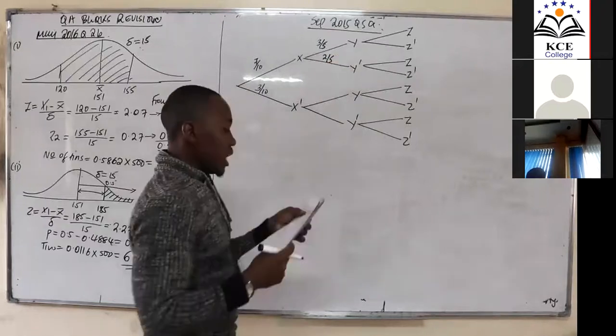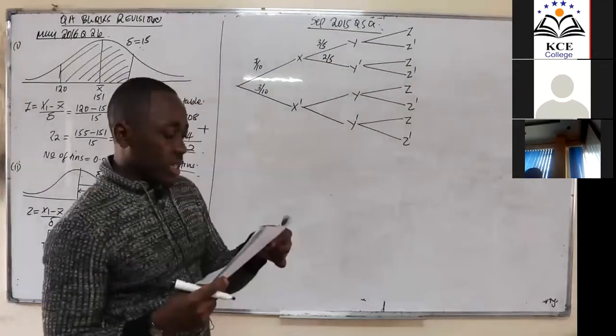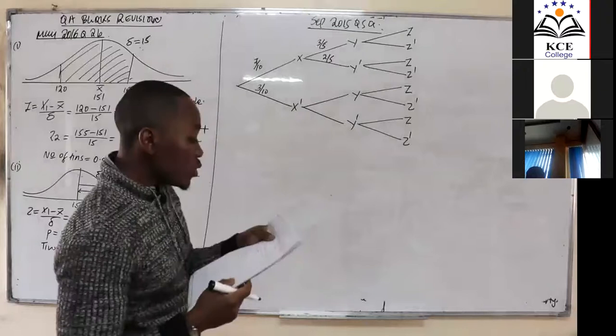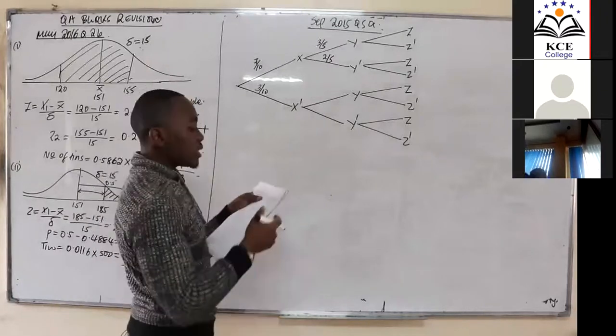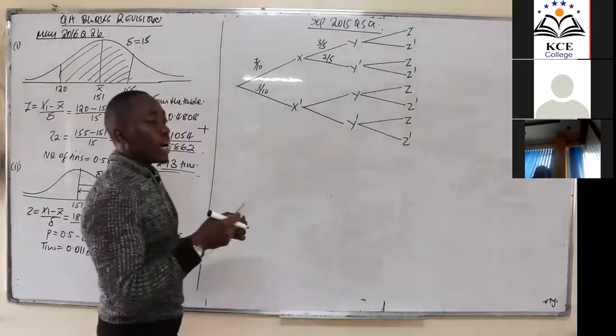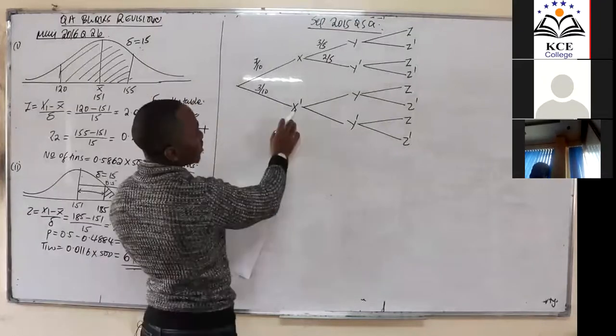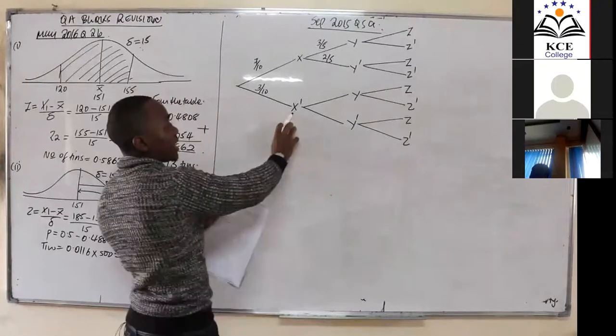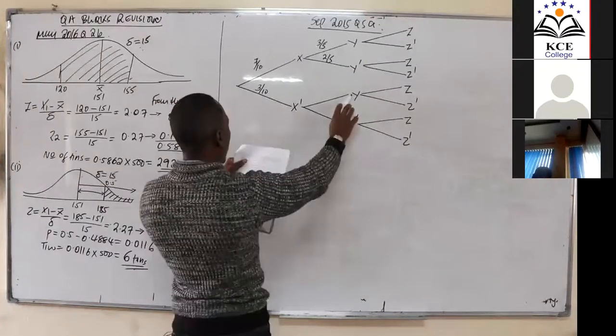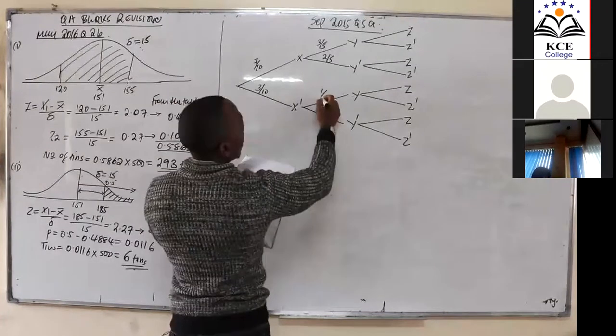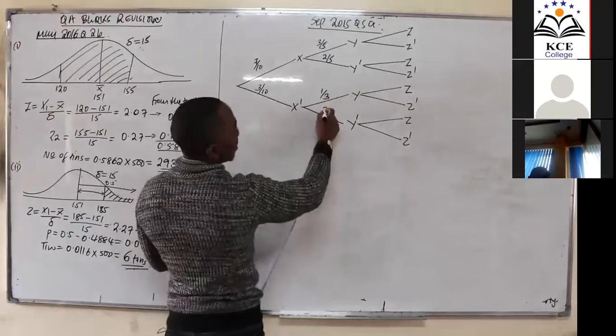If component X is not in good working condition, the probability that Y will be in good working condition is a third. Therefore, not being in good working condition is 2/3.